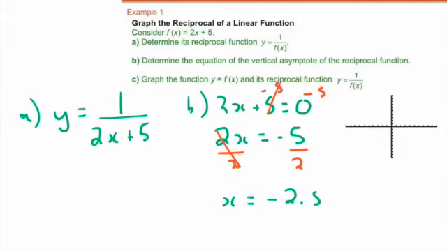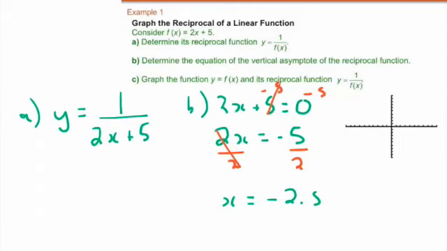Now you're probably looking at this and saying, he's letting us use decimals? Well, yes, I am. Simply because of the nature of what we're going to be doing next. Because we're going to be graphing this, a decimal at negative 2.5 is much more useful than a fraction of negative 5 over 2.